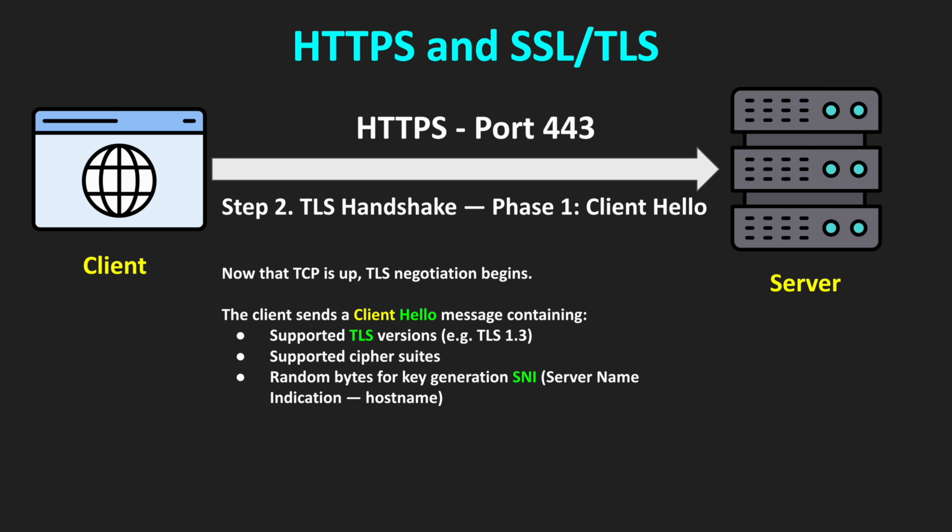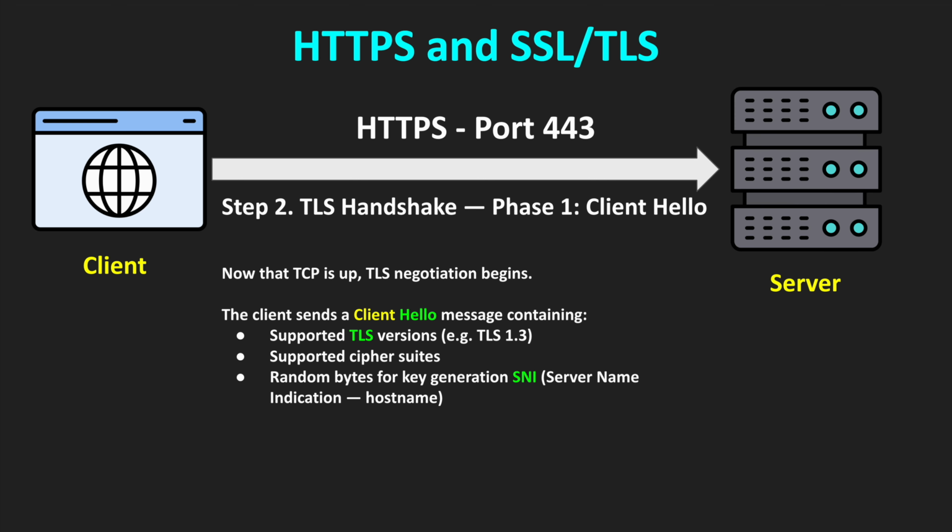For that, the first request is that the client sends a hello message containing this information. It sends which version of TLS it supports, usually 1.3, and it sends the supported cipher suites. What does that mean?